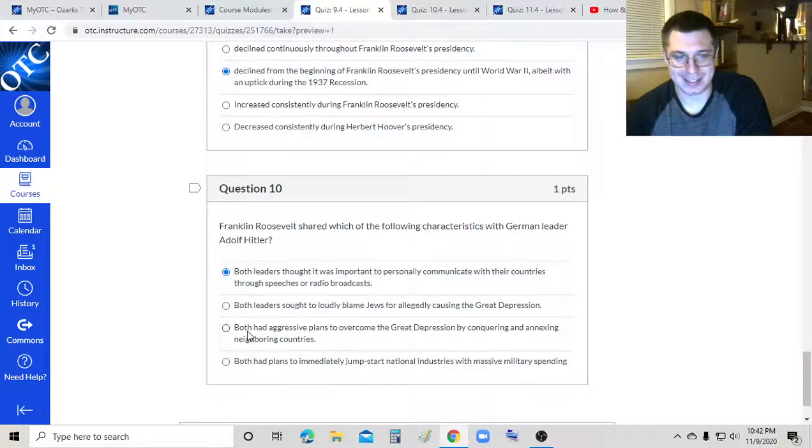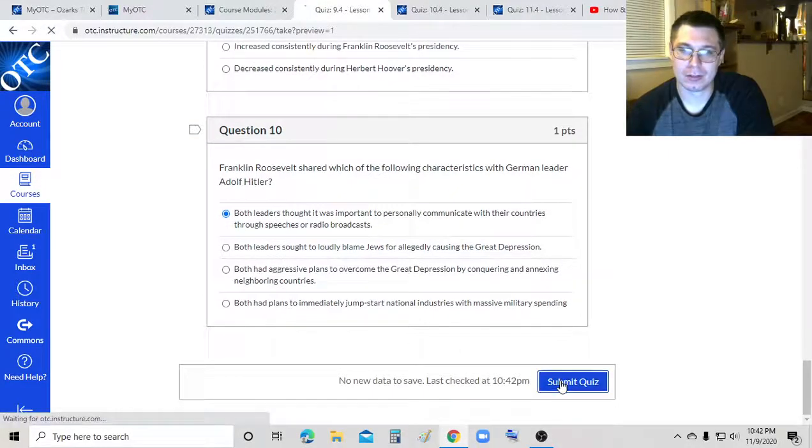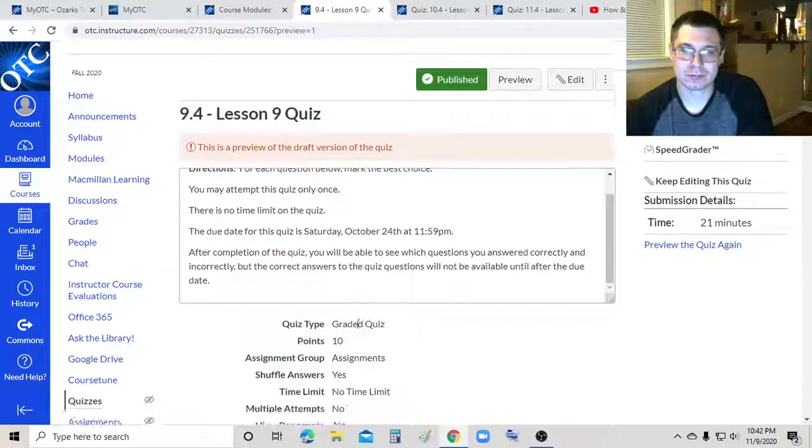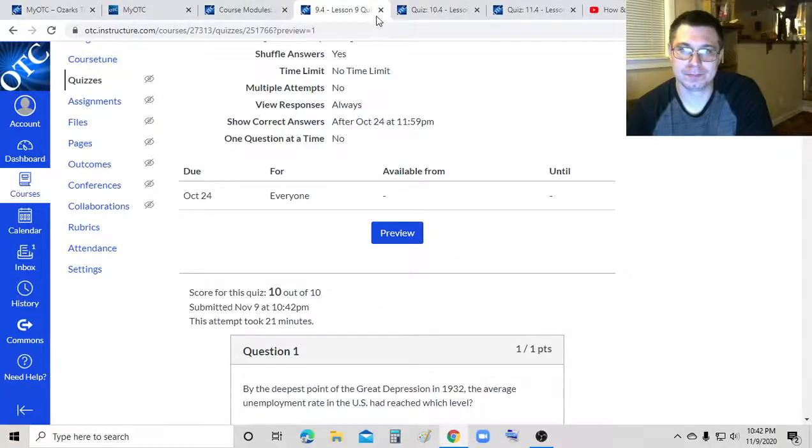Roosevelt did not have aggressive plans to get through the Great Depression by conquering and annexing neighboring countries. And Roosevelt did not have plans to immediately jumpstart industries with massive military spending. Those were all things distinct to Hitler's response to the Great Depression. So, yep, 10 out of 10.